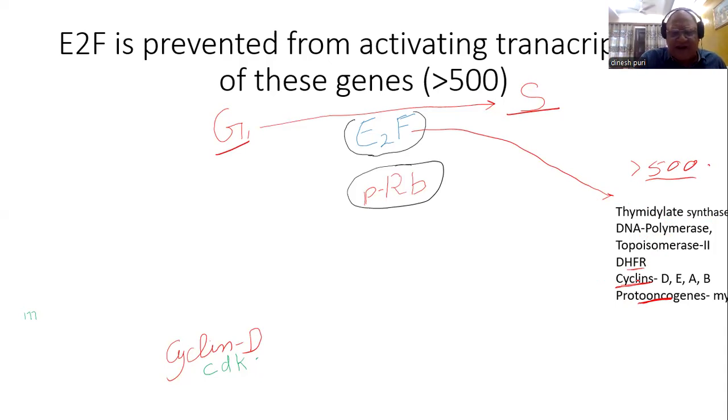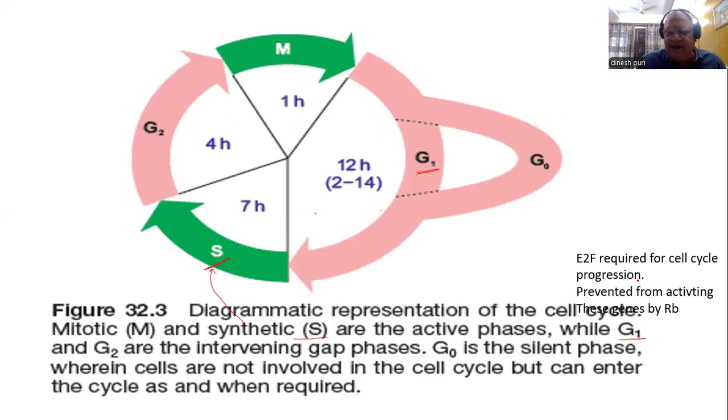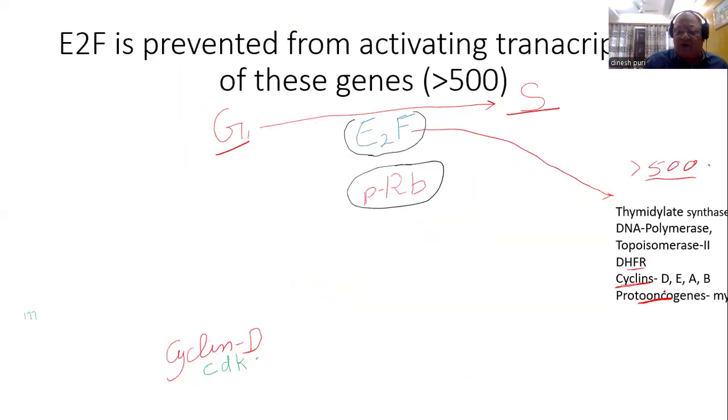So what does E2F do? Let us go back. E2F is required for cell cycle progression. It enables the cell to cross the checkpoint from G1 to S. Now, E2F is prevented from activating these proteins by the RB protein, the retinoblastoma protein.